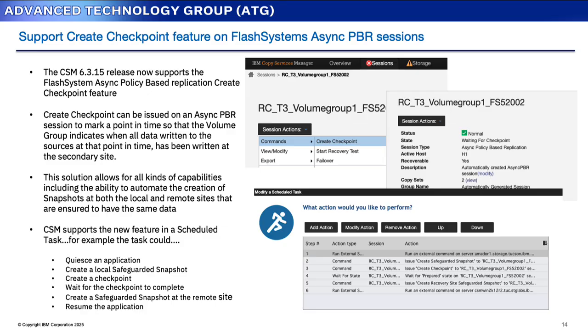Another use case, maybe you want consistent snapshots at both of the sites. You could, in that case, quiesce the application, create a local safeguarded snapshot against the async PBR session. That's one of our features from the last release. Have it wait for the checkpoint to complete. Create a remote safeguarded snapshot at the remote site. Now both those snapshots, local and remote, have the exact same data, and you know it because of that checkpoint.